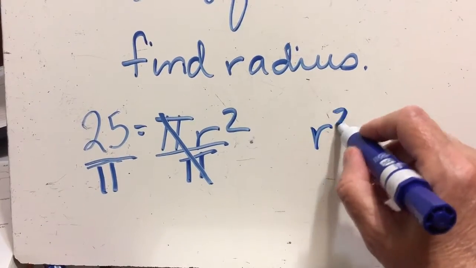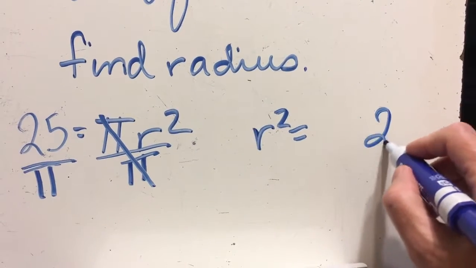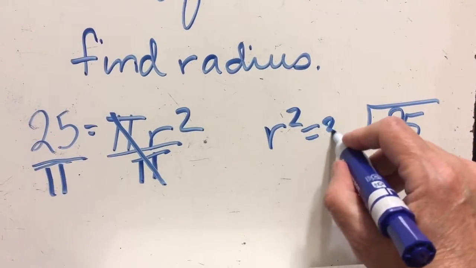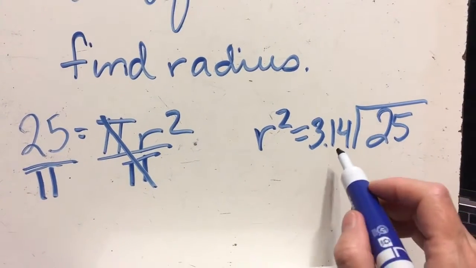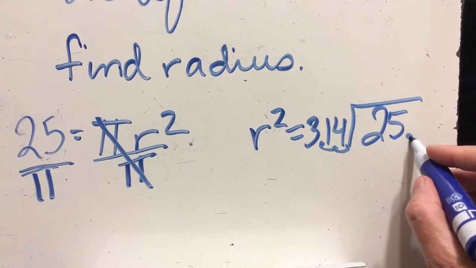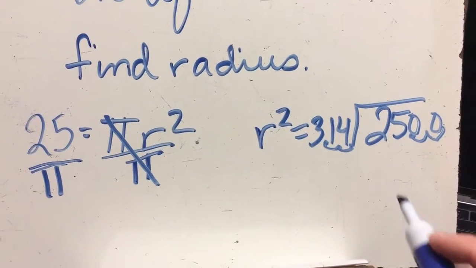So r squared is, now let's do our division, 25 divided by 3.14. But remember, when we divide by a decimal, we're going to move this 2 places over. And our understood decimal here is going to move over 2 places, and we fill in with our zeros.